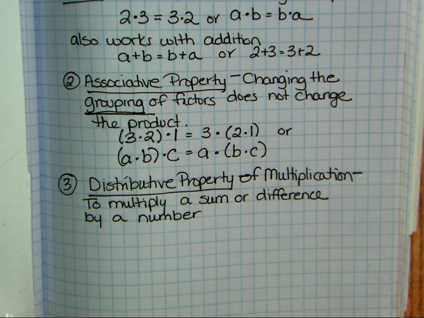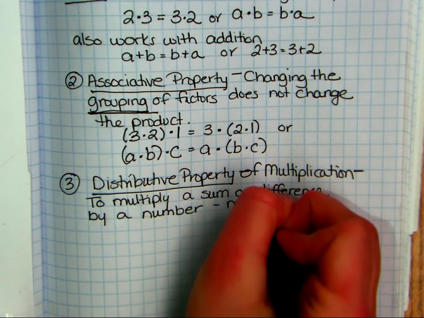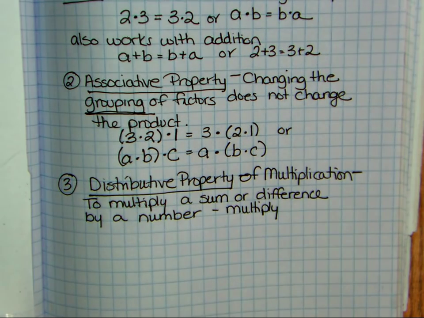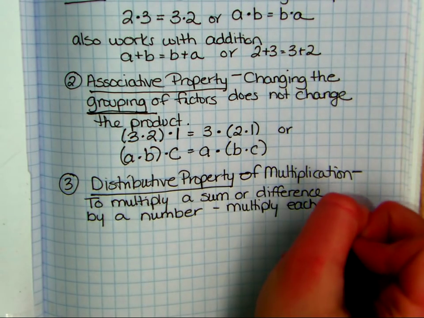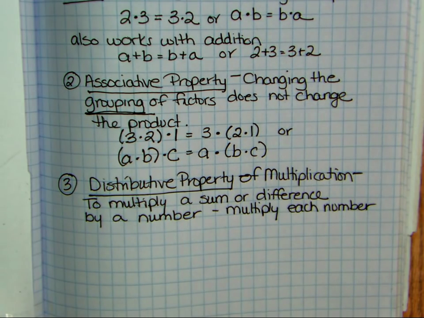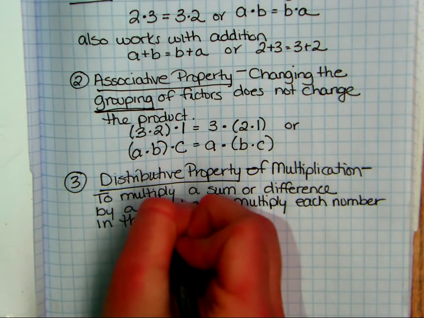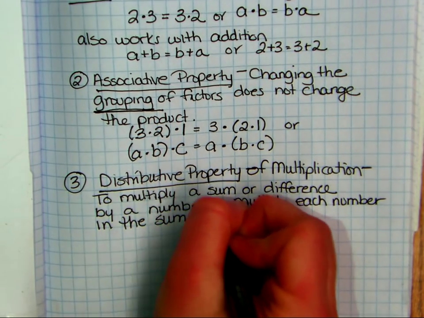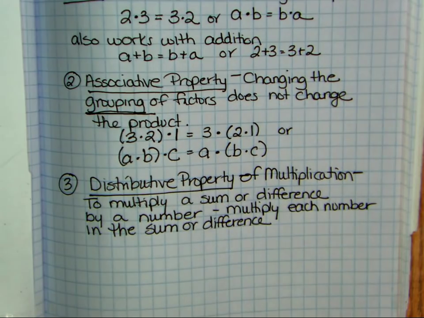So to multiply a sum or difference by a number, you would multiply each number in the sum or difference by the number outside.